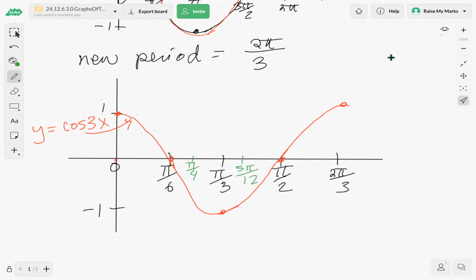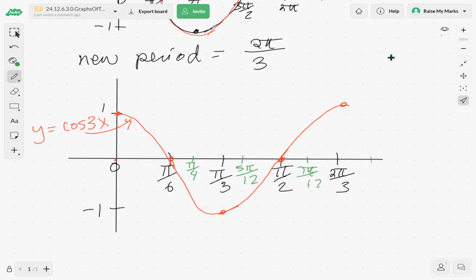Pi over 3 moves over pi over 4 units, and we end up at 7 pi over 12.